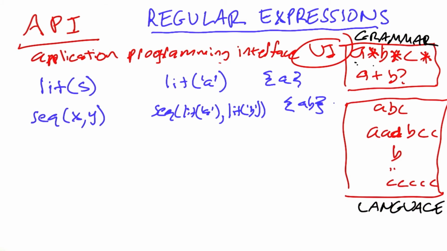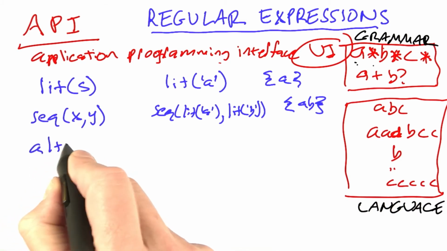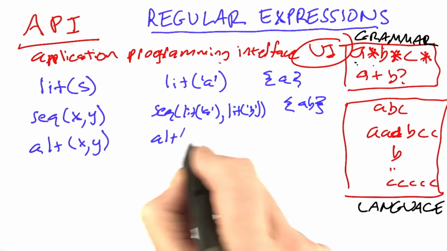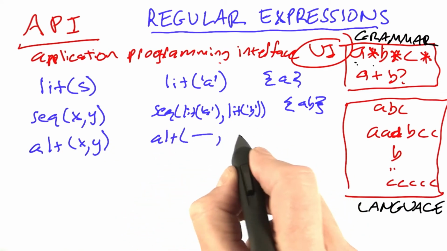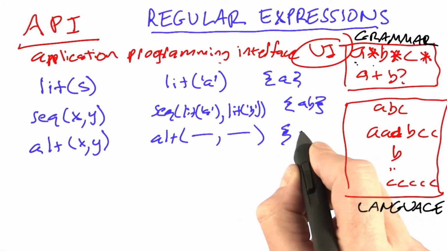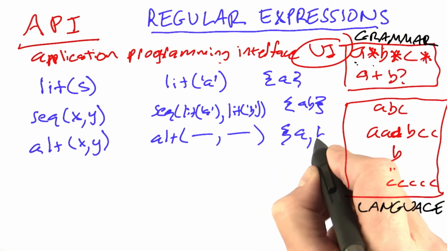So far, not very interesting. Then we could say alternatives, X, Y. So similarly, alternative of literal A, literal B, and that would consist of two possibilities, either the string A or the string B.